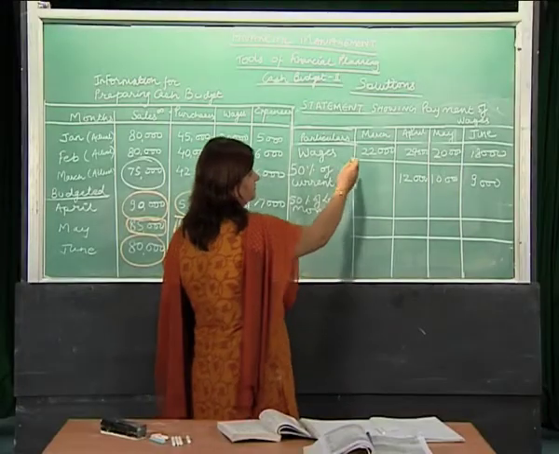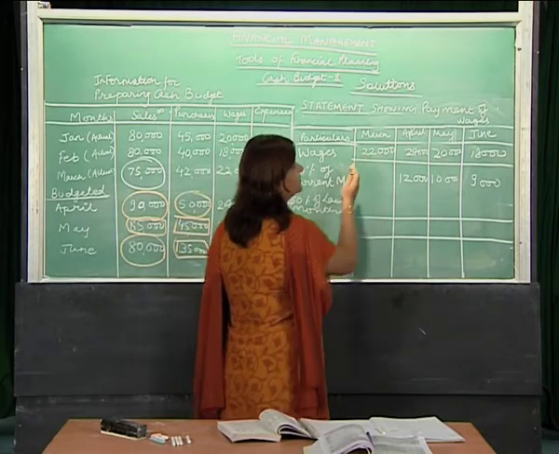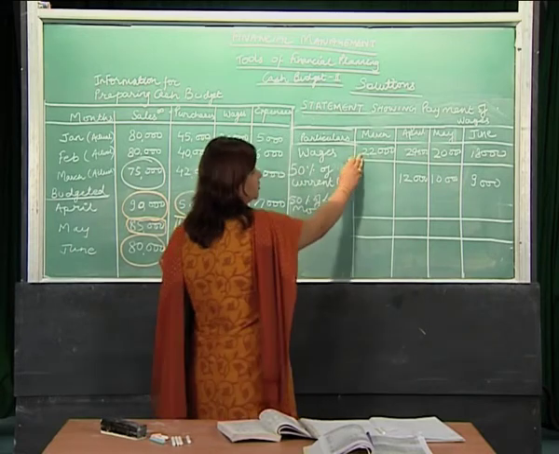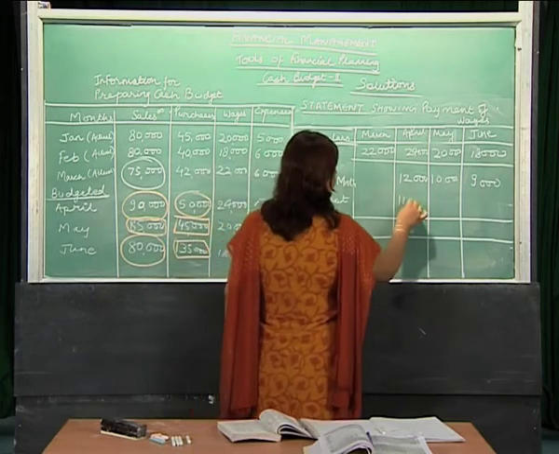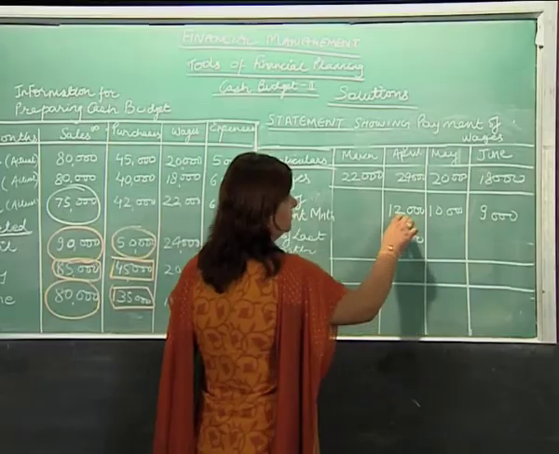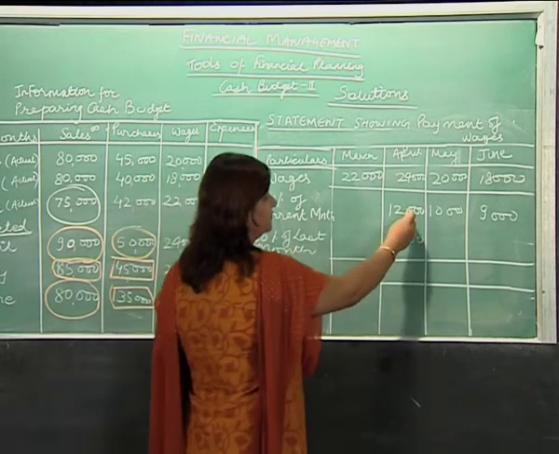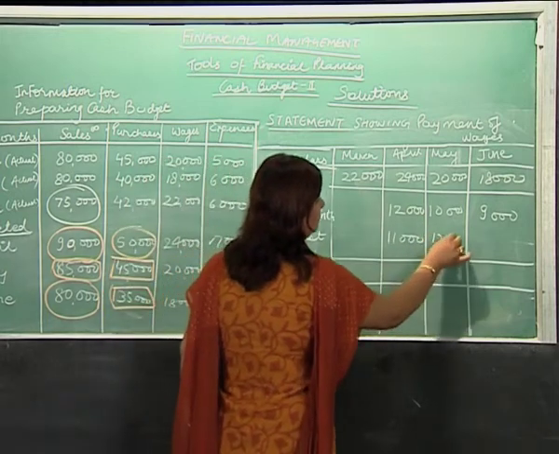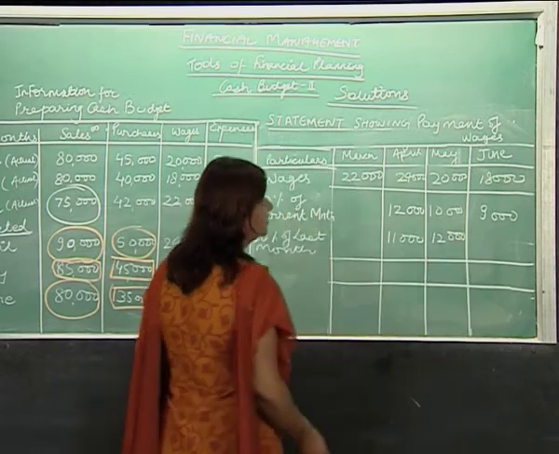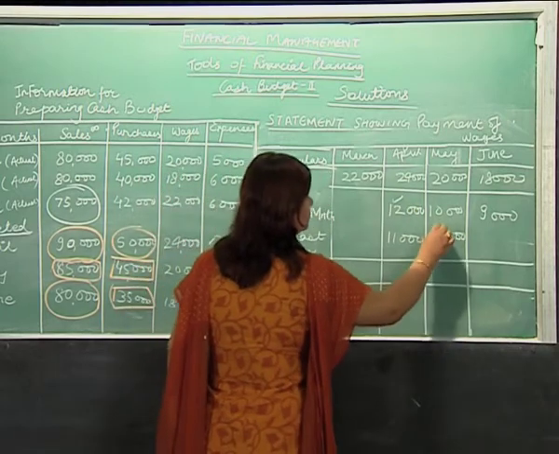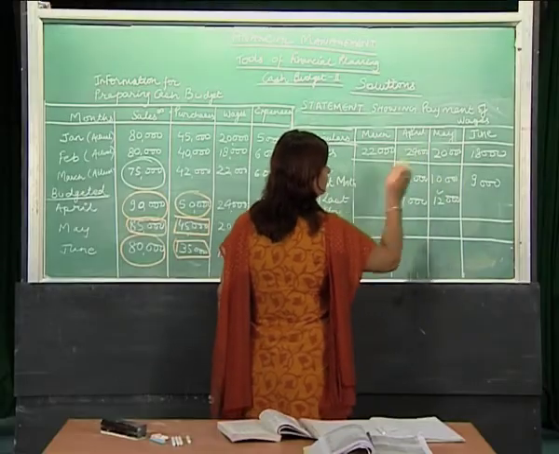Last month's 50% will be 22,000, that is the wages for the month of March shall be 11,000. Here it's 50%, 24,000, 50% is being paid off. So remaining 50%, that is 12,000 will be paid in the month of May. So this 12 and this 12, that is 24,000 is being paid off.